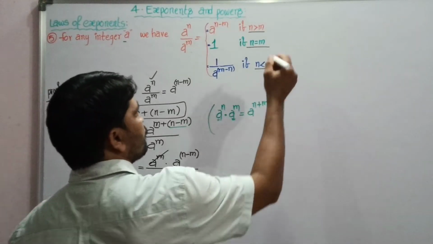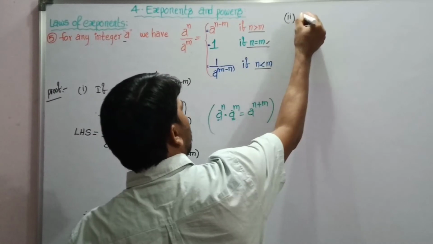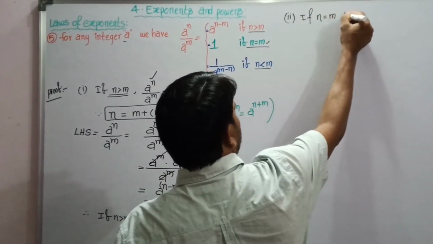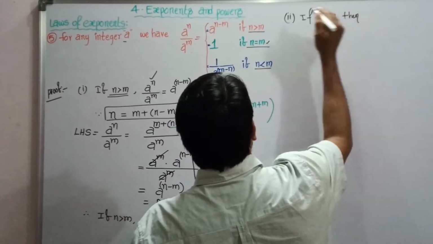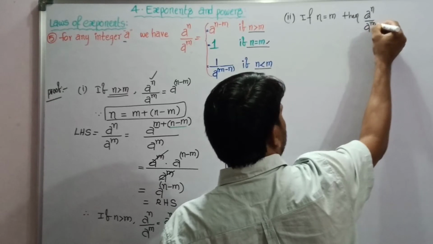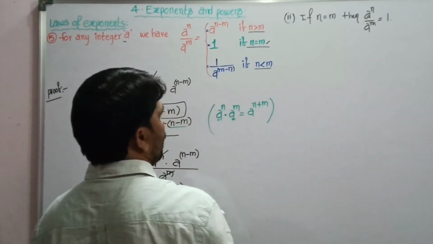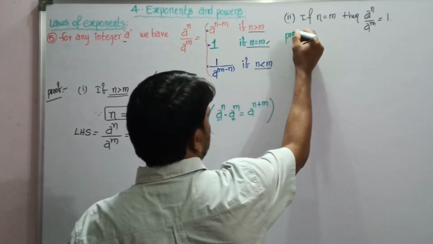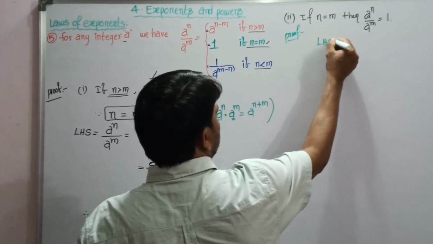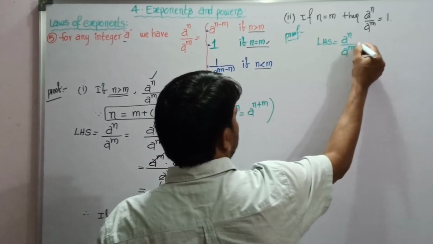Next, second proof. That is, if n is equal to m, then a power n by a power m, the expression value, equals 1. Proof. Consider LHS, a power n by a power m.